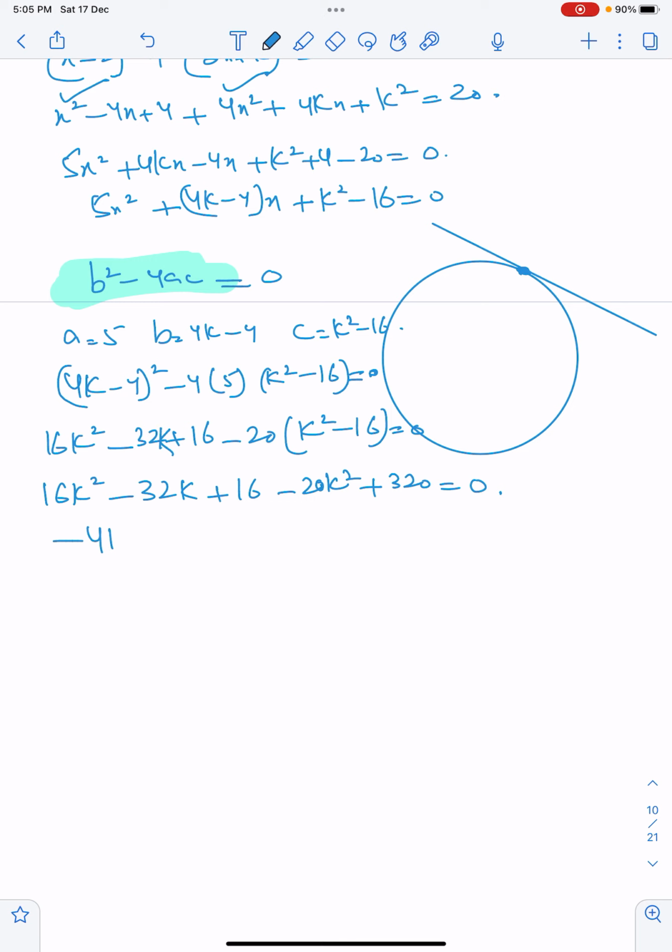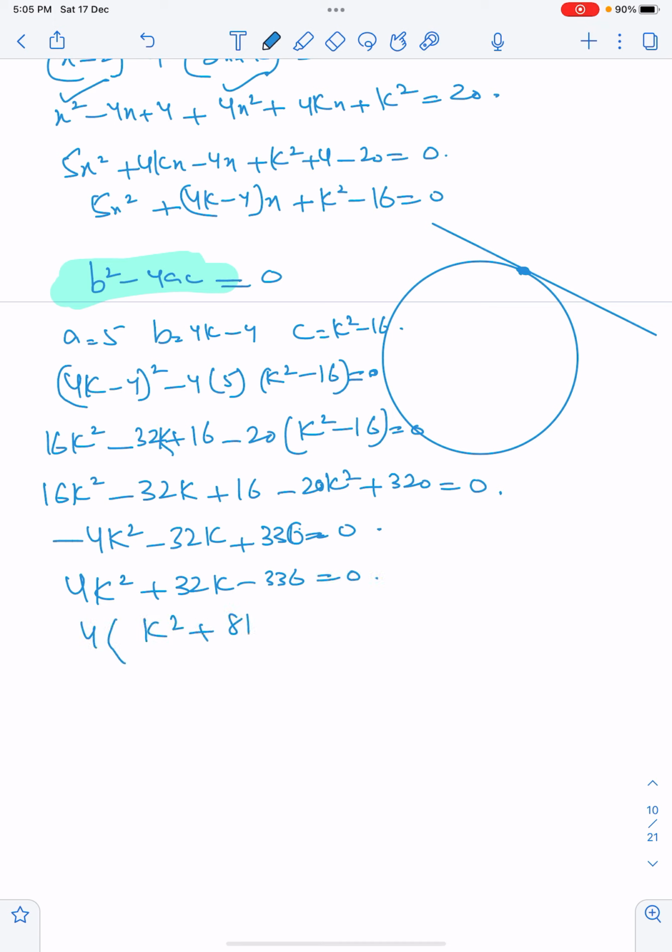This will become k square with k square is minus 4k square minus 32k plus 320 plus 16 is 336 equals 0. I'm shifting all to that side, changing the sign. Taking out 4 as common, k square plus 8k minus 84, 4 times 84 is 336. Dividing 0 by 4, I'll get k square plus 8k minus 84 equals 0.